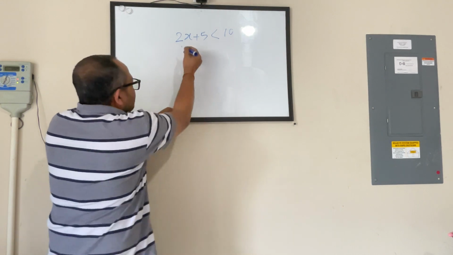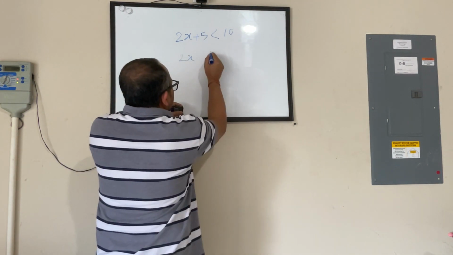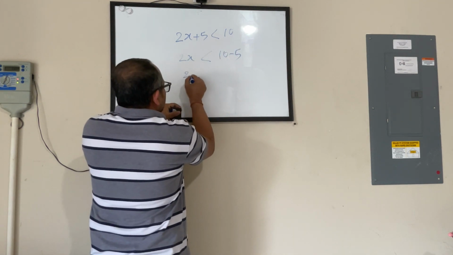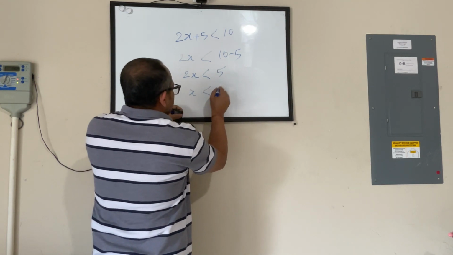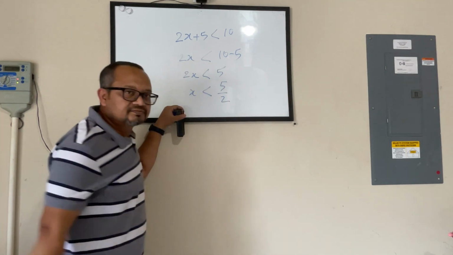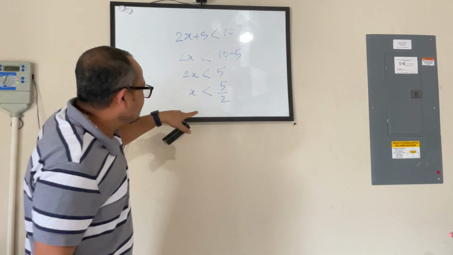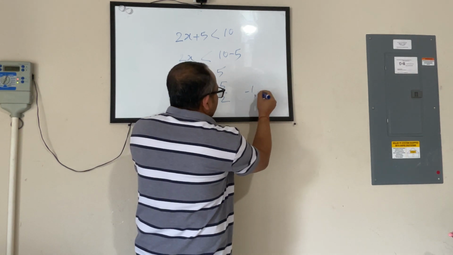Yeah? So this would have been, oops. Okay? So 2x would have been less than 5. x would have been less than 5 by 2. Yeah? So here in this case, what are the possible values of x? Maybe -1, -2.